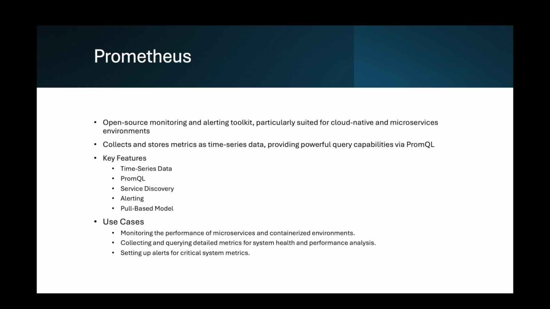Another use case is collecting and querying detailed metrics for system health and performance analysis, and also setting up alerts for critical system metrics. An example for this particular tool might be Prometheus monitoring the health of Kubernetes clusters by collecting metrics from the nodes, pods, and services and setting up alerts for issues like high CPU usage or failed deployments.